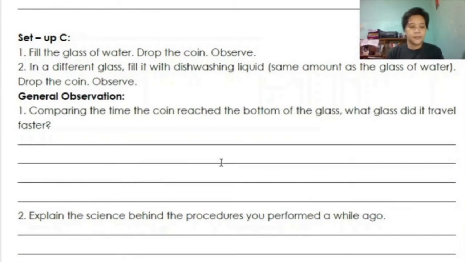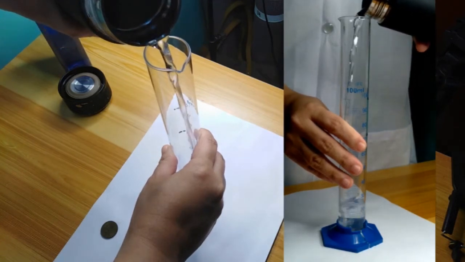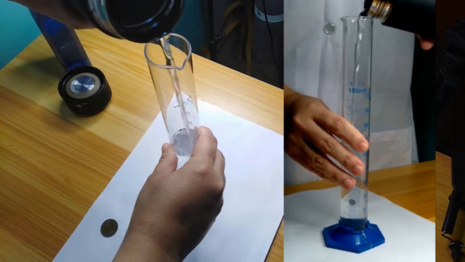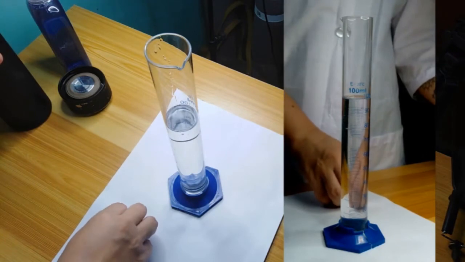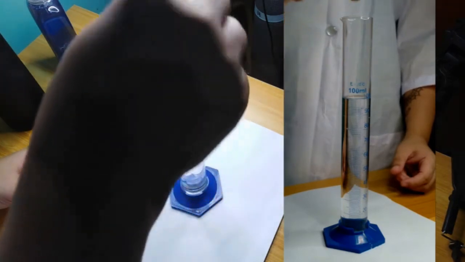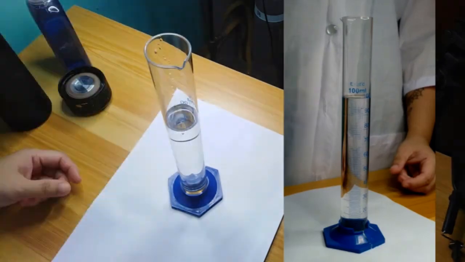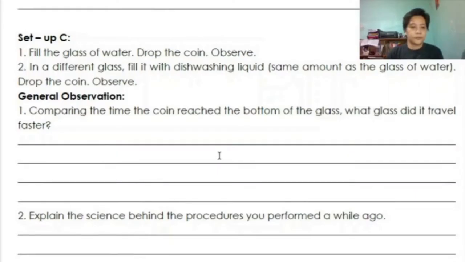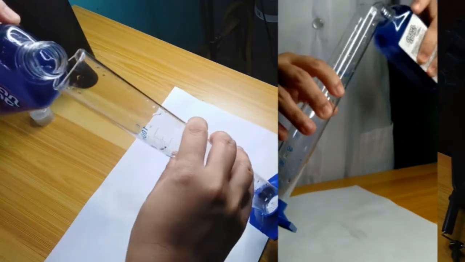So, setup C, fill the glass of water as high as possible. Drop the coin and observe. In a different glass, fill it with dishwashing soap. Or in this case, I used a pet shampoo.